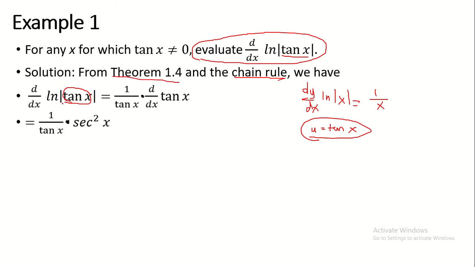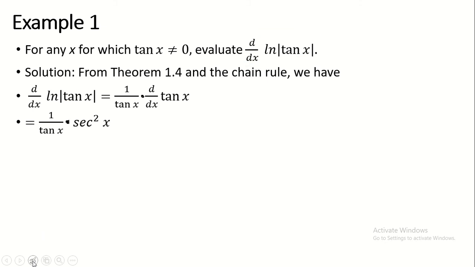For theorem 1.4, the derivative of the natural logarithm of the absolute value of tan x is 1 over yung nasa loob ng absolute value symbol, which is tangent x. Yan yun. Kaya meron tayong ganito.